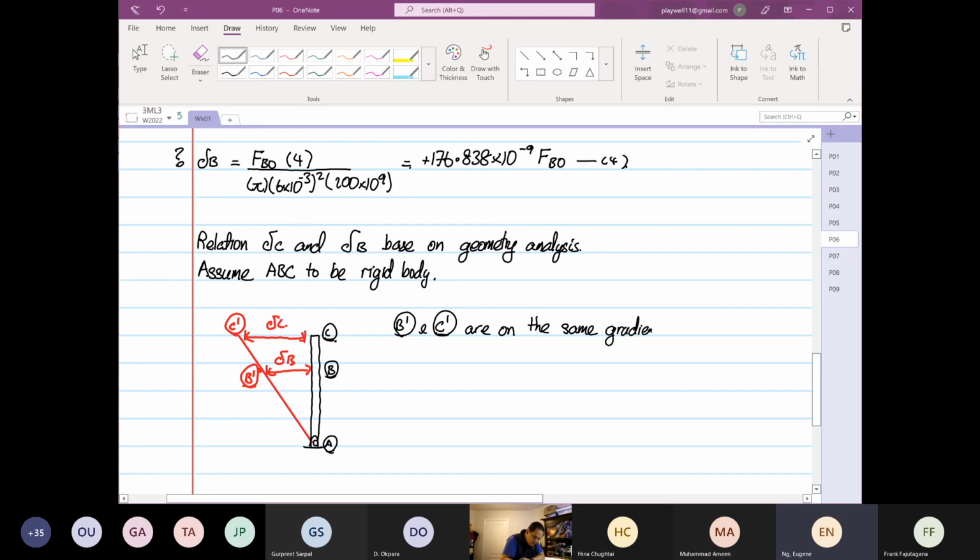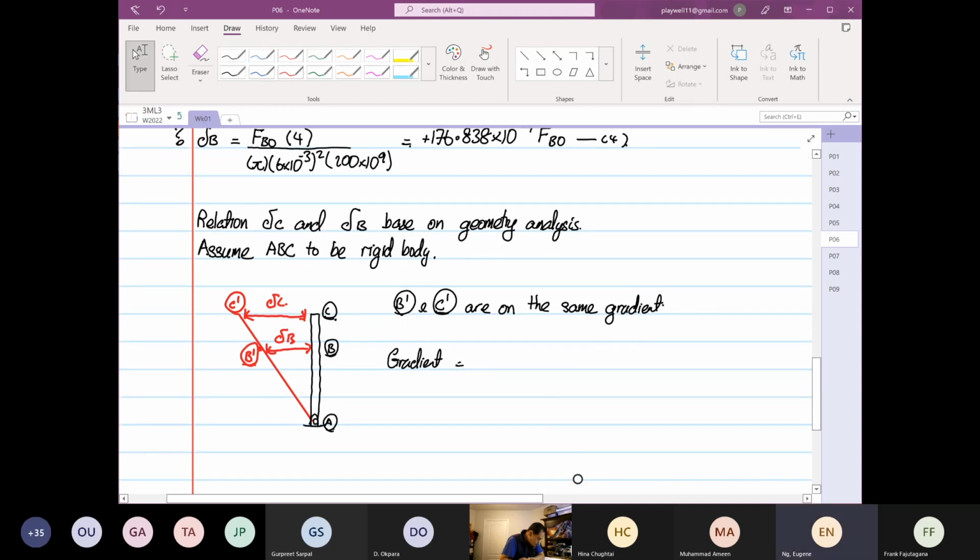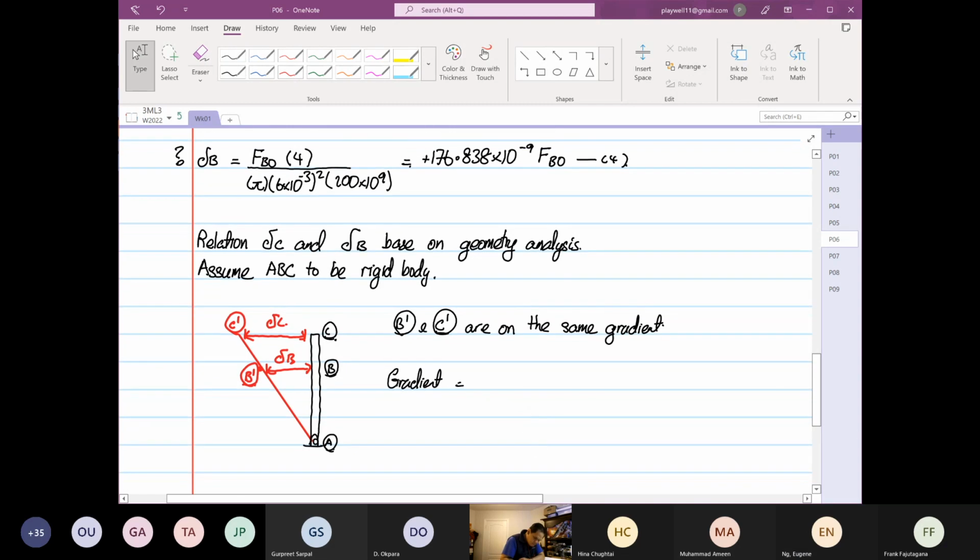So how do we calculate this gradient? Gradient is equal to the change in Y over the change in X.